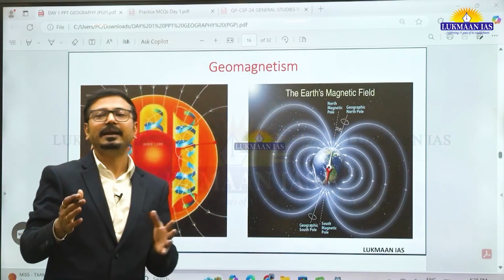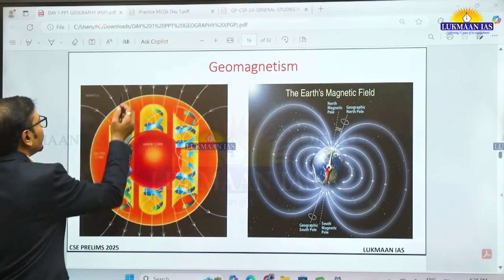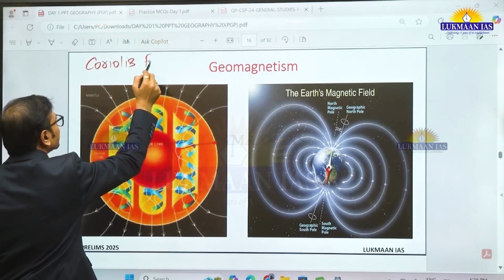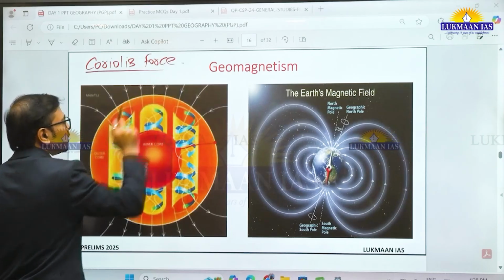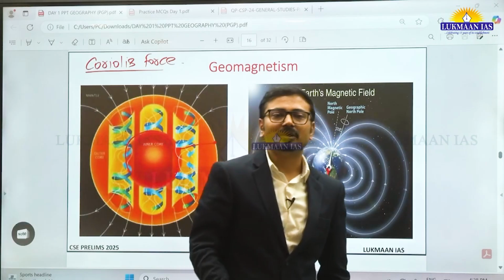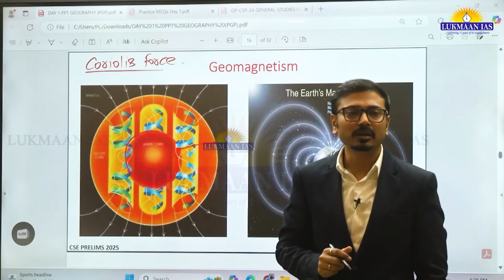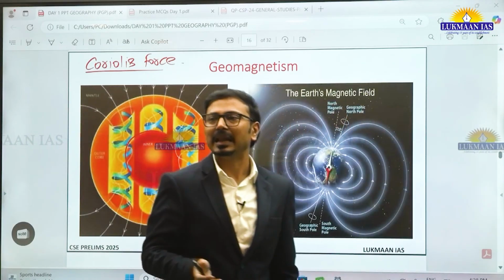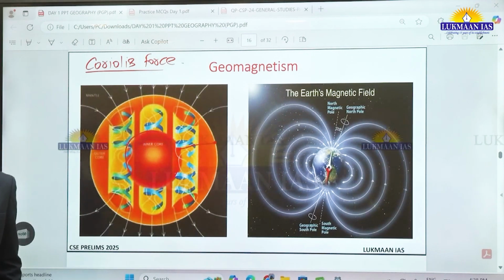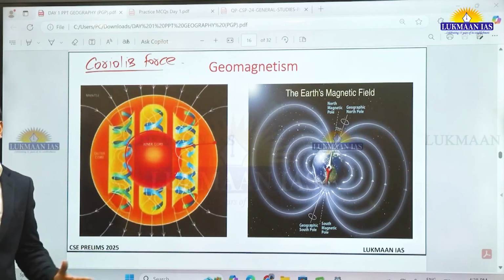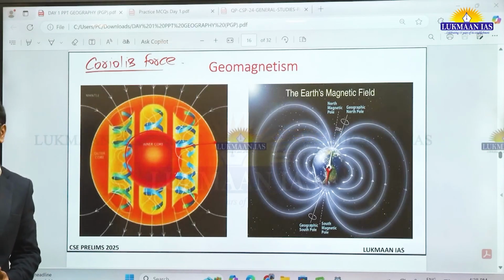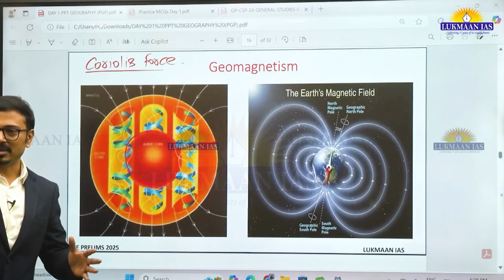But it is aligned in one single direction because of one effect, that is, the rotation of Earth around its axis. Because of the Coriolis force, all the magnetic field is aligned in one single direction. Now we have a larger magnetic field of the Earth formed, and the Earth is acting as a large bar magnet.